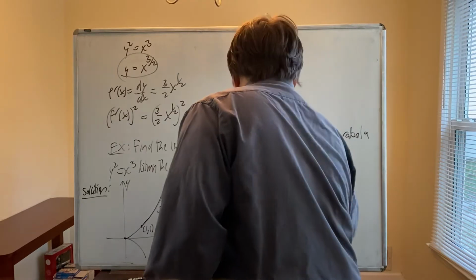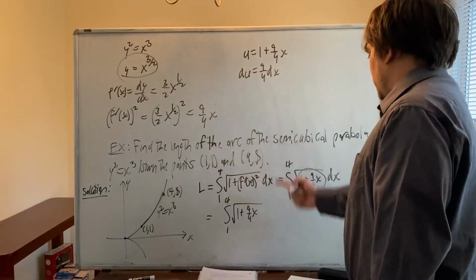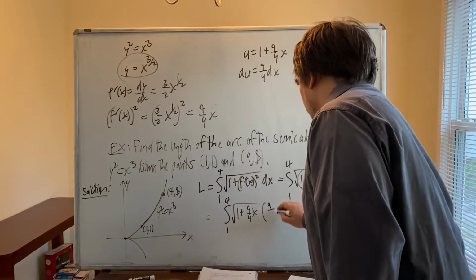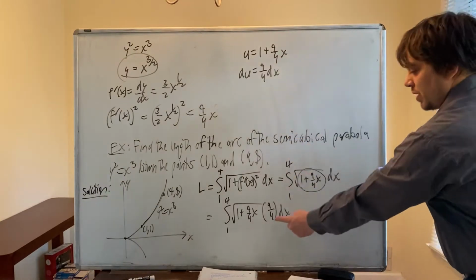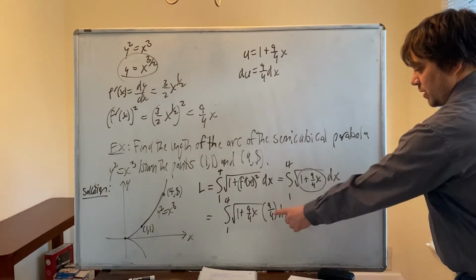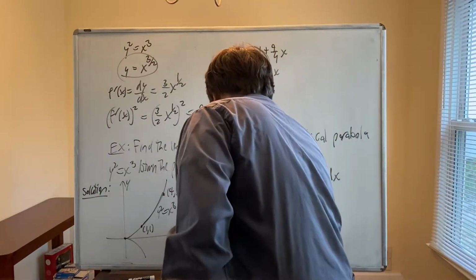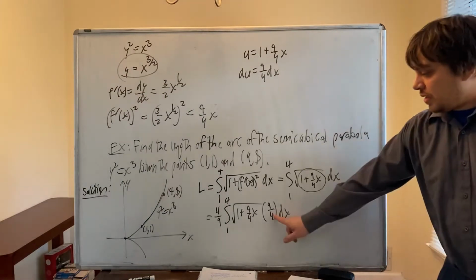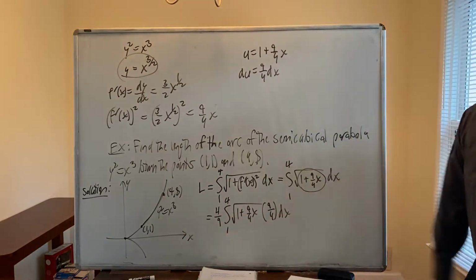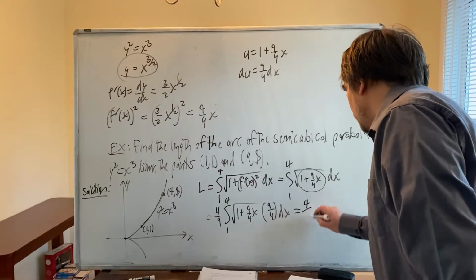You multiply the inside by 9/4 and the outside by 4/9. You're multiplying by 1, so you're not changing the value of the integral. Okay, so this is equal to 4/9.